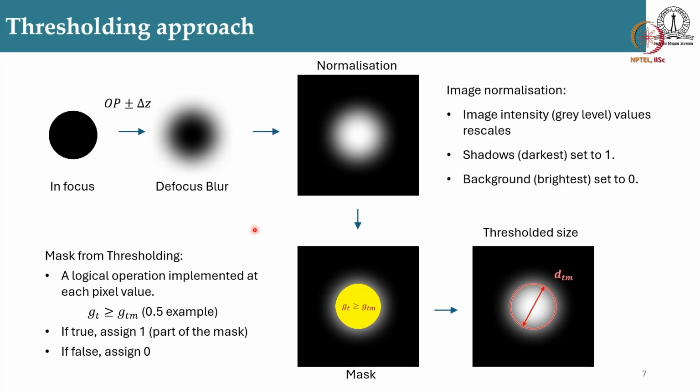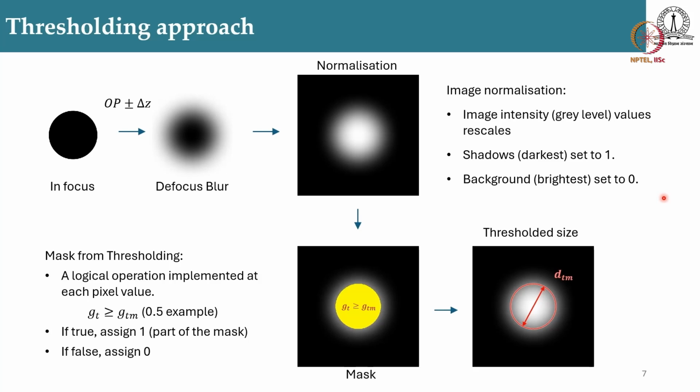So there we will assign a value of 1. So this is the operation that we will do for normalization. And these image intensity values are also known as gray level intensity, because we don't want the color of these shadows, we only want the intensity values. So we collect only a monochromatic signal, and that's why we call them gray level values, because it's just black and white or grayscale.